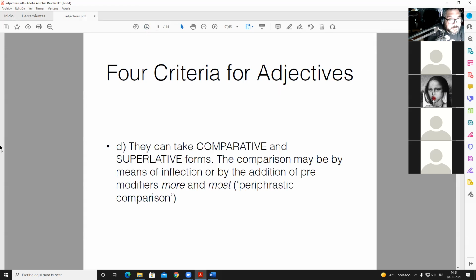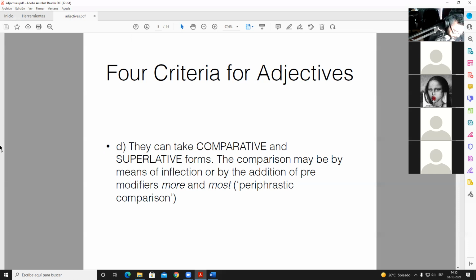Finally, the fourth criterion for adjectives. They can take comparative and superlative forms. The comparison may be by means of inflection or by the addition of premodifiers, more and most. And when we use that, we're calling that a periphrastic comparison, right? So adjectives can have two other forms, comparative and superlative. The way in which we're going to state these differences varies because of the adjective's length.